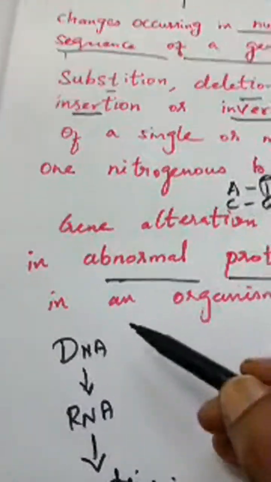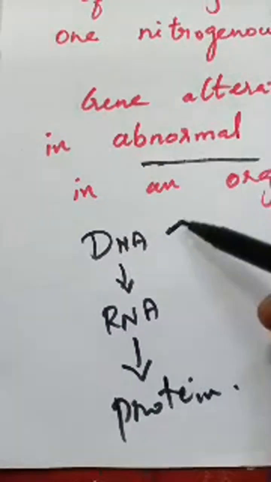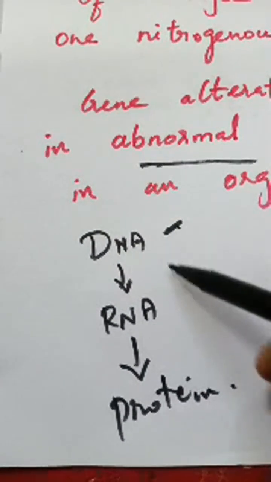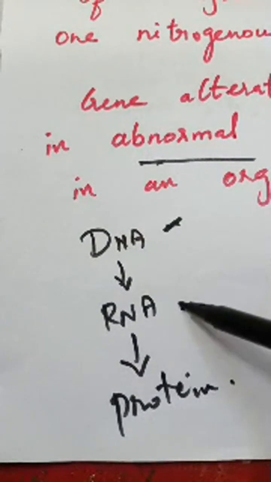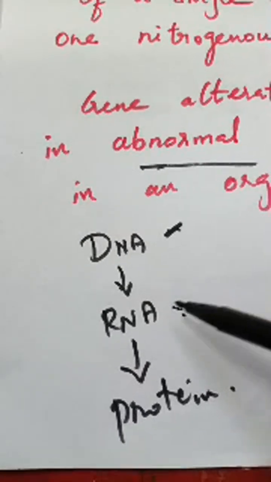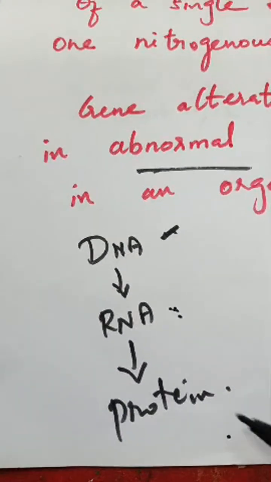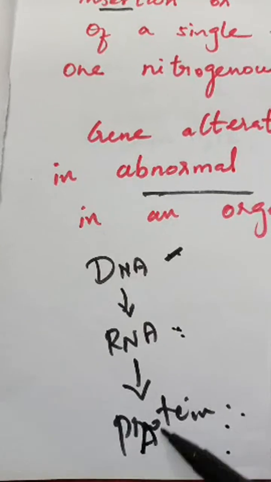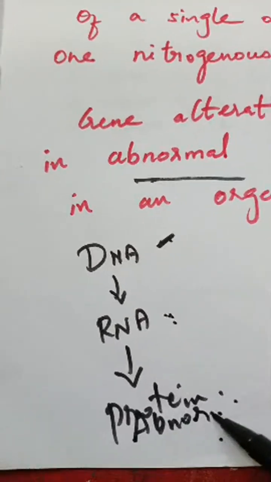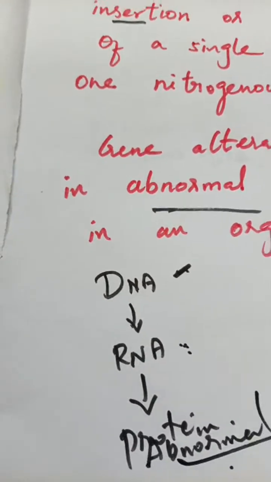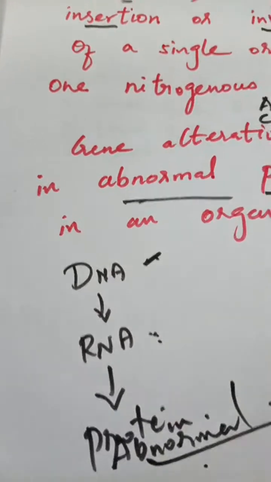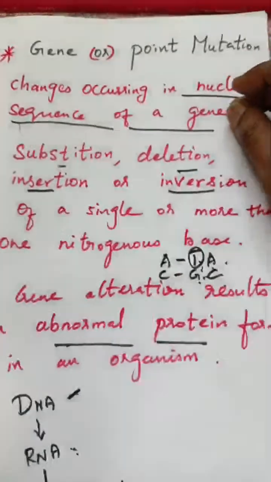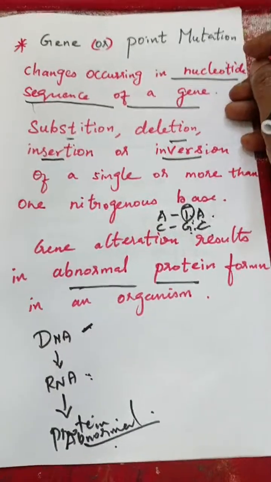So now if there is a mutation in the DNA itself, that mutated gene only will form the RNA, and that mutated RNA only will form the protein. So this protein will be abnormal. It will not be a normal protein. Clear? So that is about the gene or point mutation.